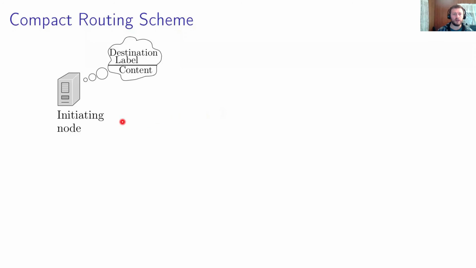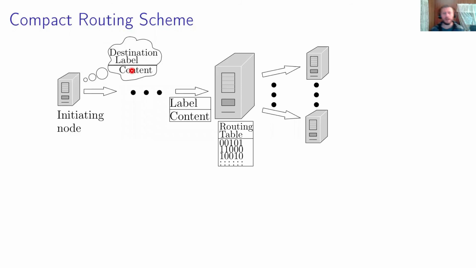And consider the following scenario. You have some node, it has some label, the destination, and some content of a packet it will send, and it starts sending this packet throughout the network. And at some middle point, there is a node which receives a packet which consists of a label and some content. And based on this label and some small routing table it stores locally, it needs to make some routing decision.